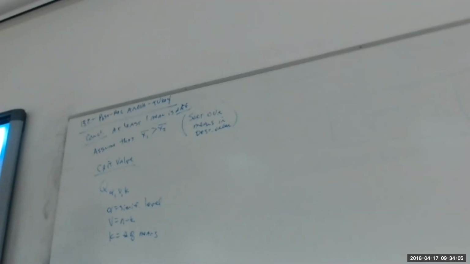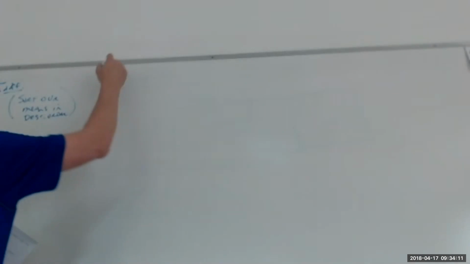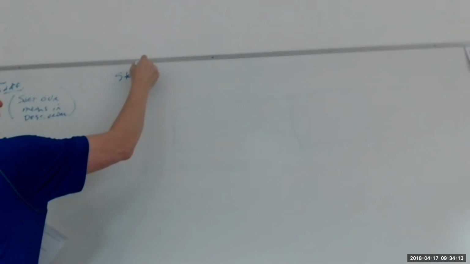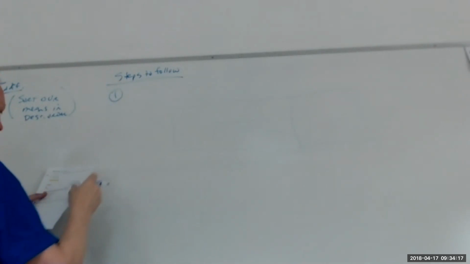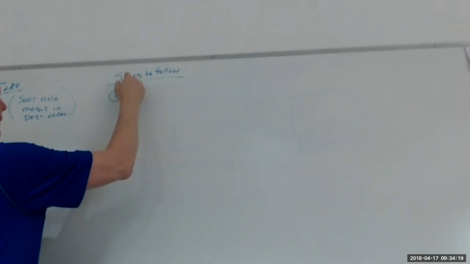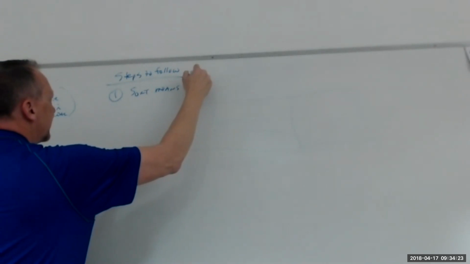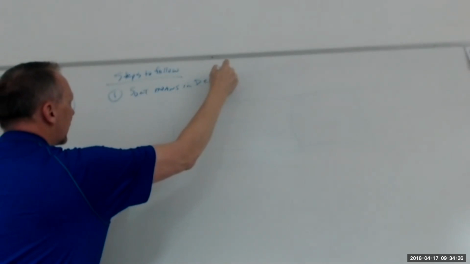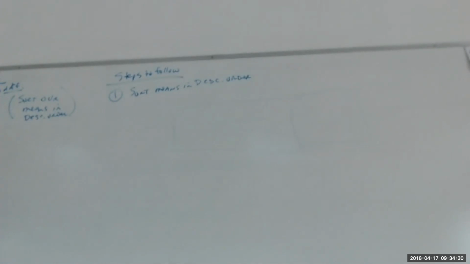So let's talk about the steps that we want to follow. As I mentioned previously, you want to sort your means in descending order. You don't have to do that, but it sure makes your life a whole lot easier if you do.